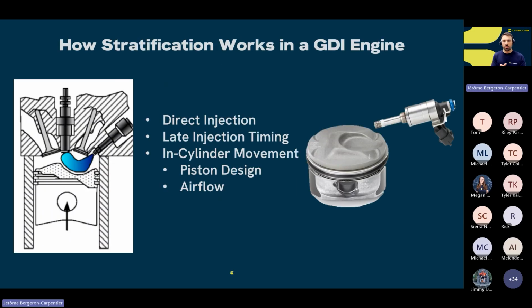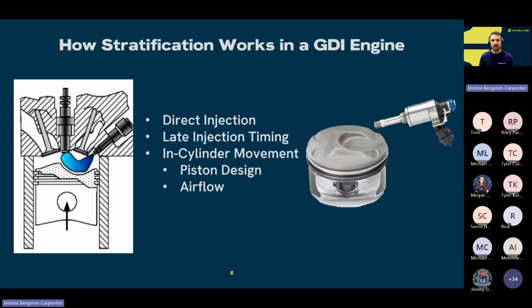When we go to how that GDI engine works, like we said, we have that direct injection. The late injection timing is all about that strategy here with the stratify.